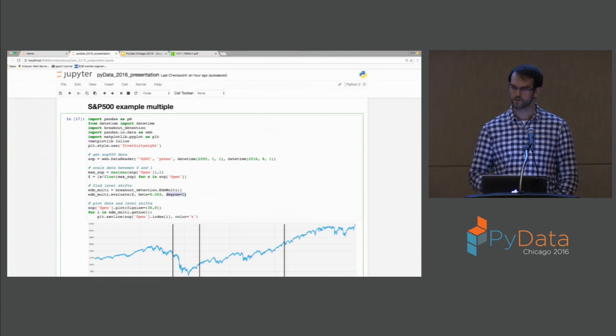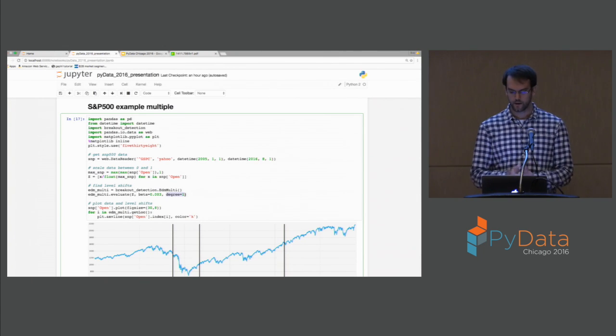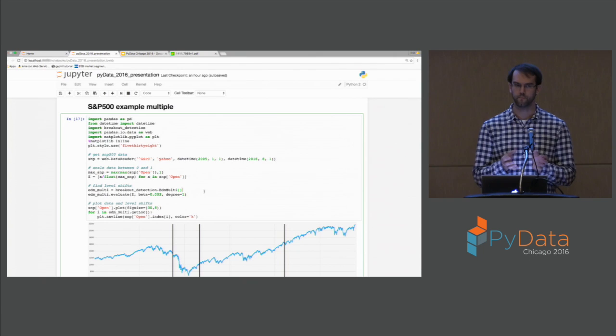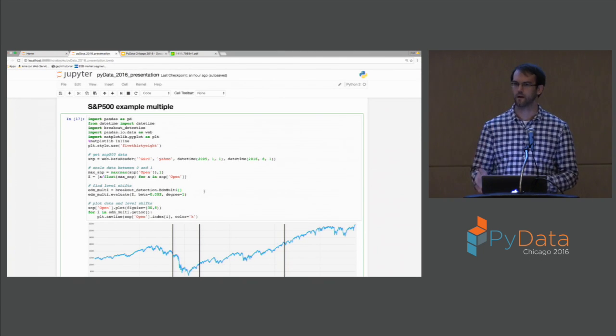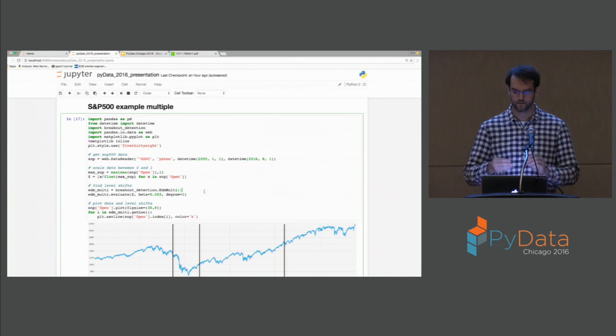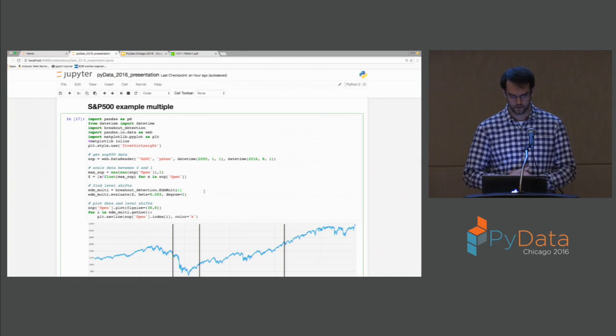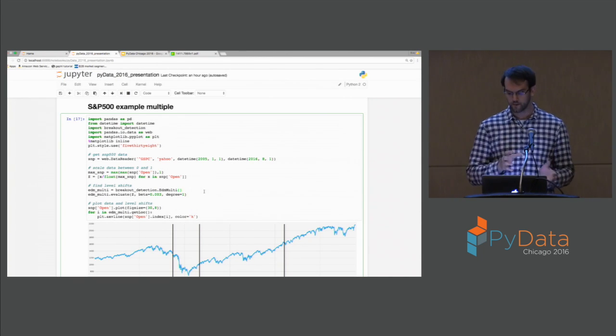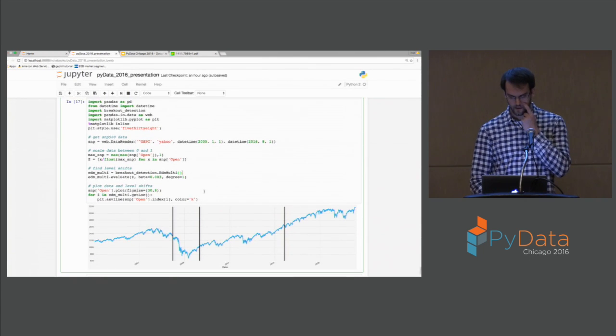Degree I wouldn't worry about unless you really want to dig into what it is. But basically, beta and degree combine to form a penalization function. So basically, how hard is it for the program to say a breakout was detected here? They compute a value at each point, and if the value is large enough, it flags it as a level shift. So a larger beta corresponds to it being harder to have a breakout.